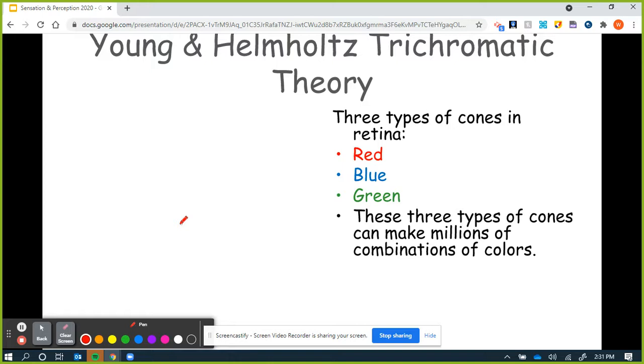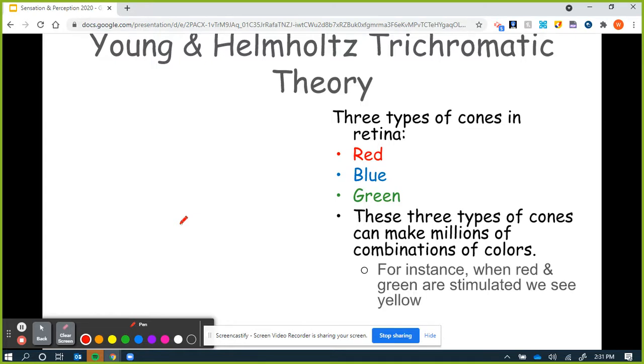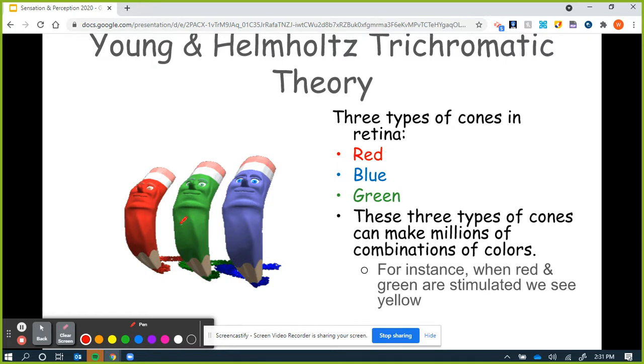But think about it like a printer, like magenta, cyan, and so on. For instance, when red and green are stimulated, we actually see yellow, because it's wavelengths of light.